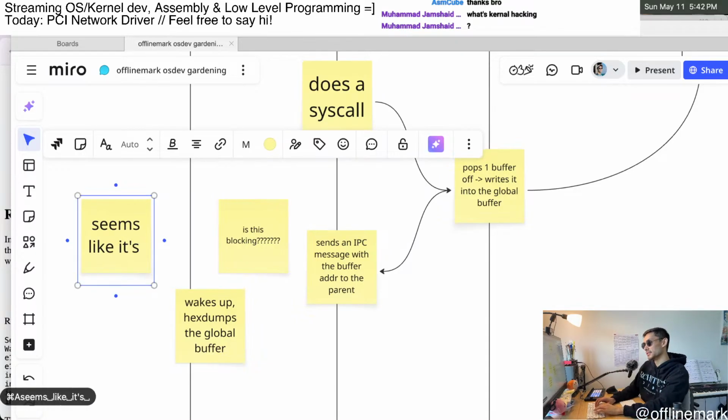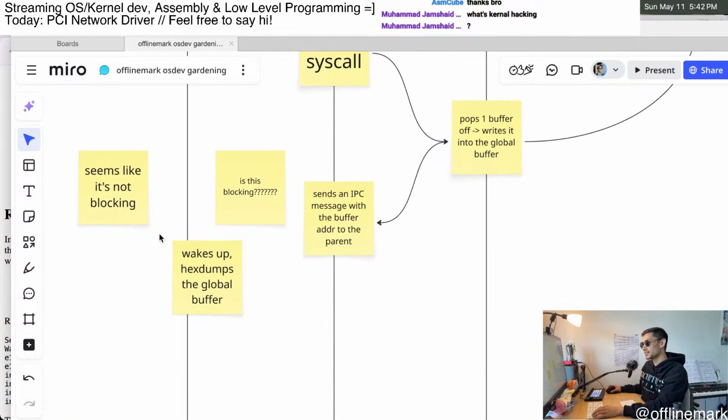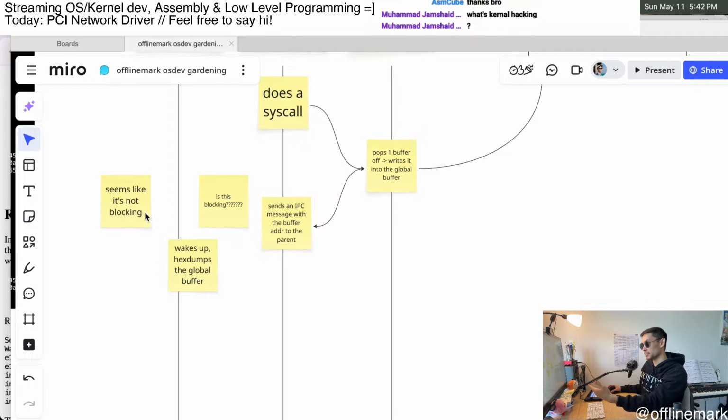And it's not blocking. And the reason that it seems like it's not blocking is because we have this bug.